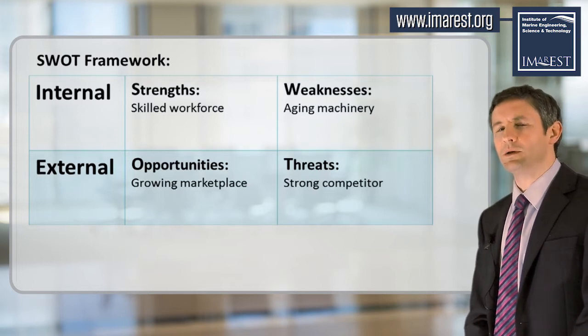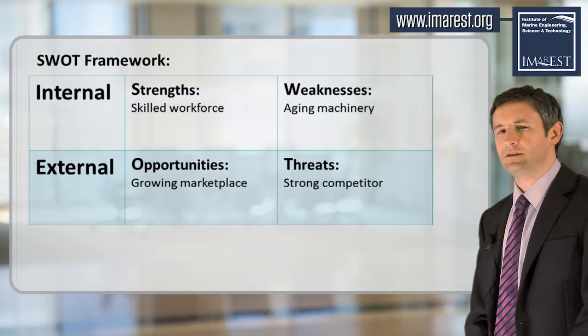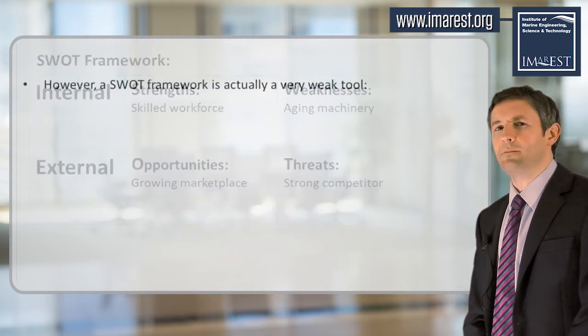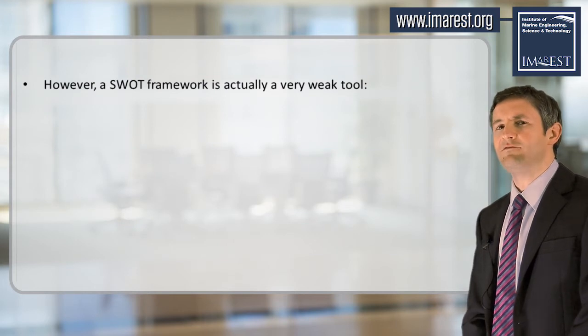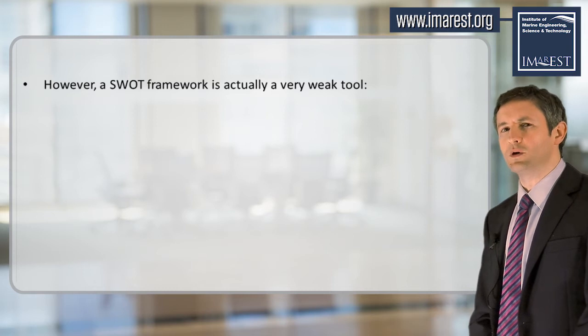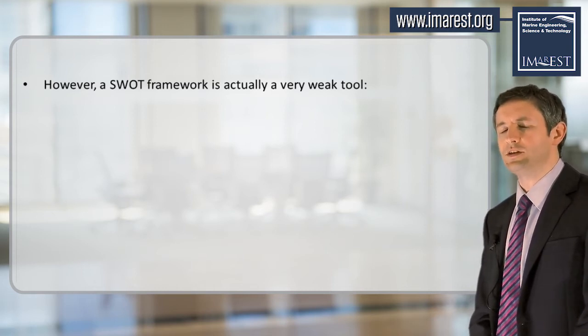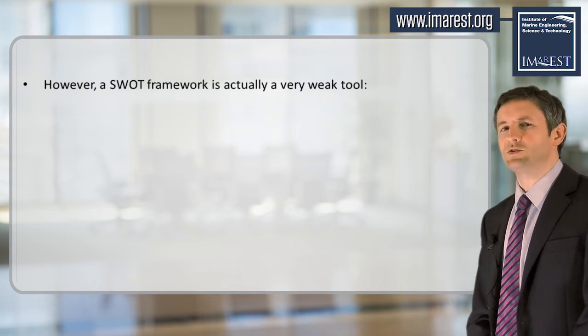And as I say, these are commonly used as a very basic starting point in the development of strategy. But that's all they ever can be, because a SWOT framework is actually a very weak tool. Because all we're really doing when we're using a SWOT framework, particularly when we're looking at the external environment in terms of the opportunities and threats, is brainstorming.